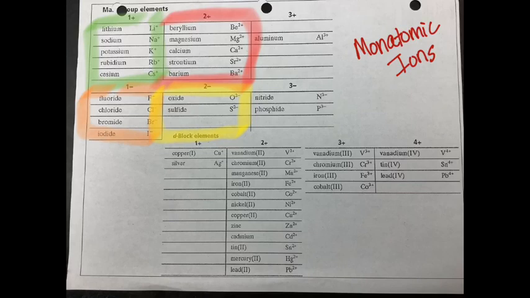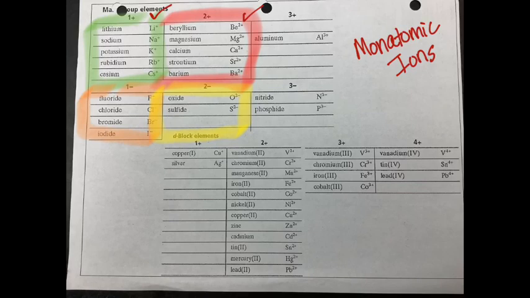So those ions at the top, that is going to be their most common charge. If you're talking about a group 1 or a group 2 metal, that is their only possible charge. And for fluorine, fluorine's only possible charge is a -1. So we do have some exceptions, but we'll get to that in a little bit when we start talking oxidation numbers.